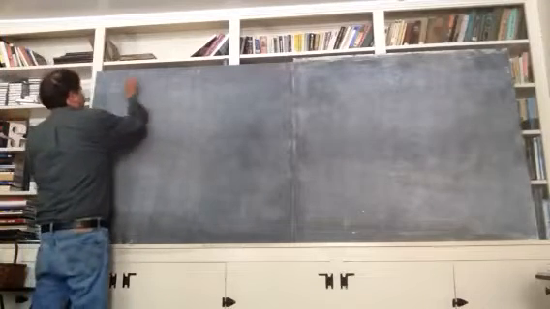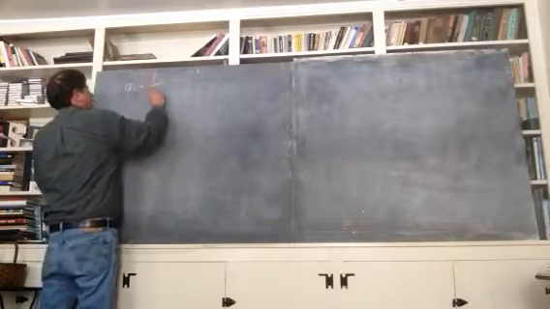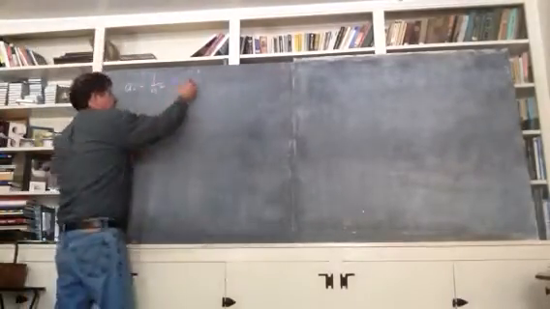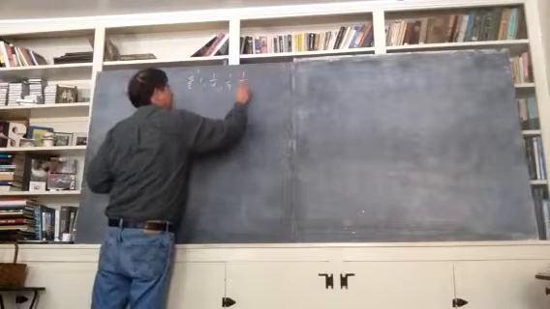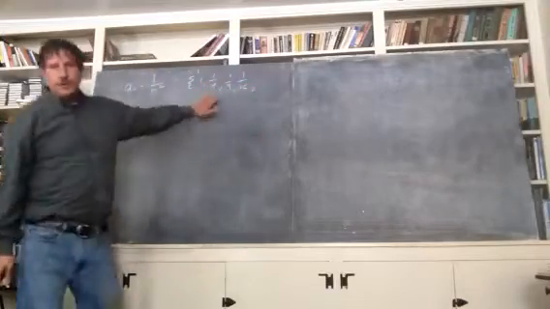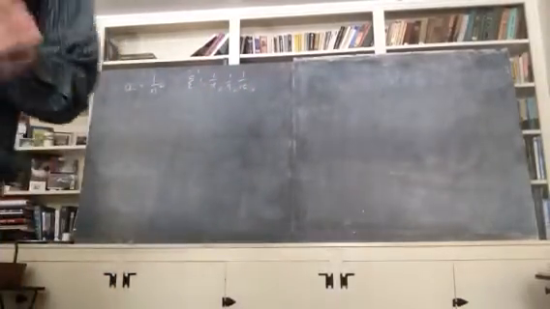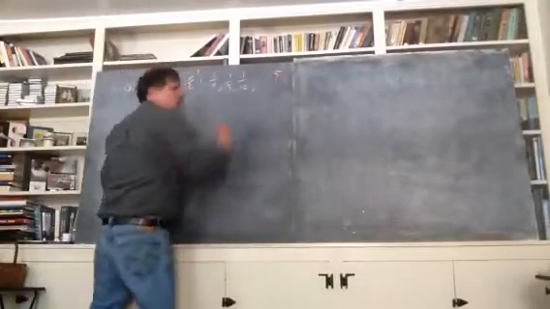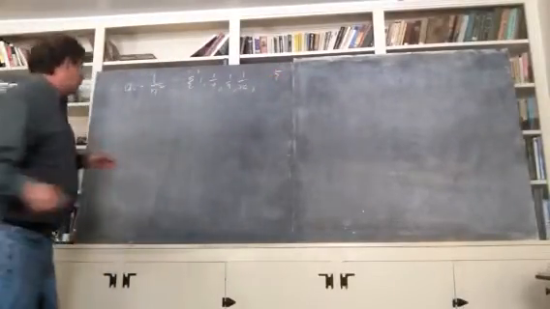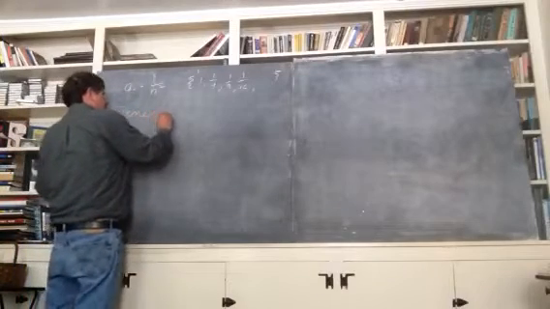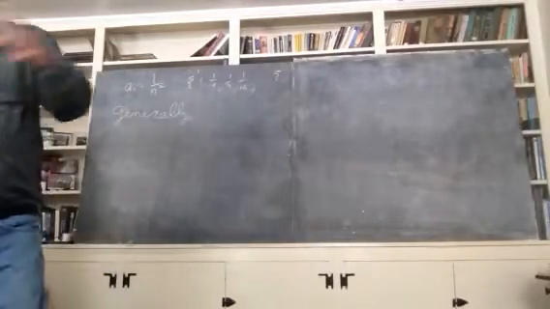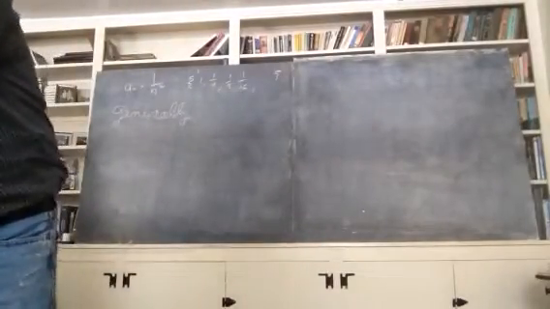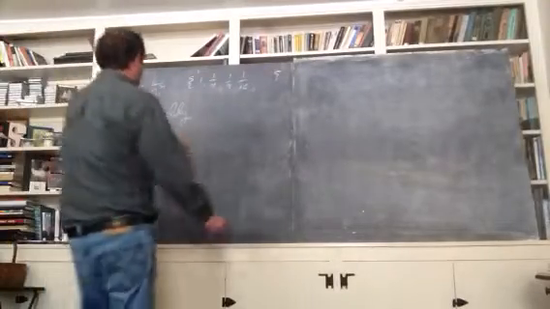Let's look at this, for example. A sub n is 1 over n squared. Now, I think you could just see, right? 1/4, 1/9, 1/16. You say, hey, what's going on there? This sequence will converge to 0. So what does it mean that it converges to 0? Generally, convergence to a limit means we can make the latter numbers of the sequence as close to the limit as we want.